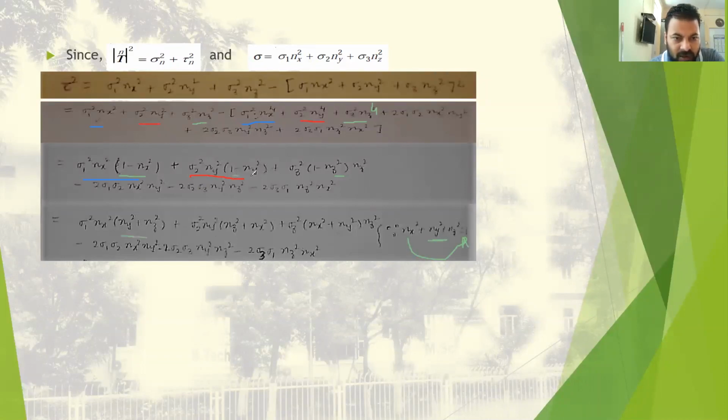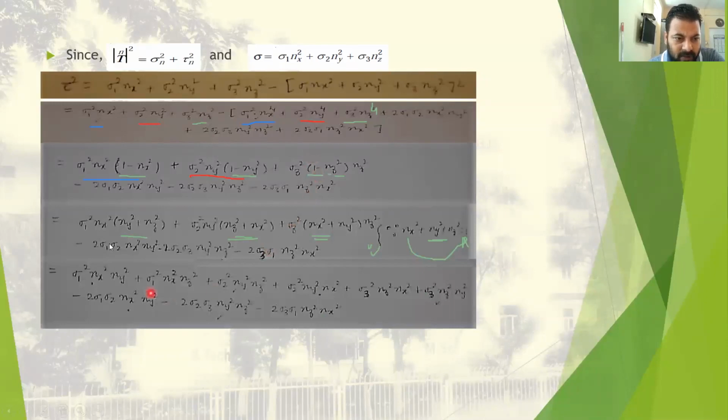For 1 minus ny square, it would be equal to nz square plus nx square using this same formula. And 1 minus nz square can be written as nx square plus ny square using this same formula. And they are written like this.